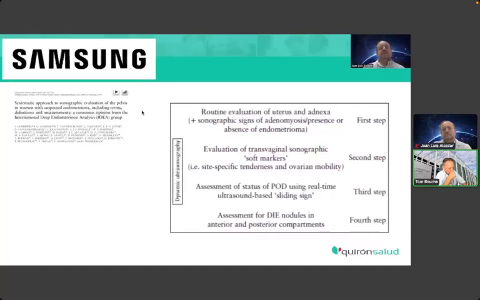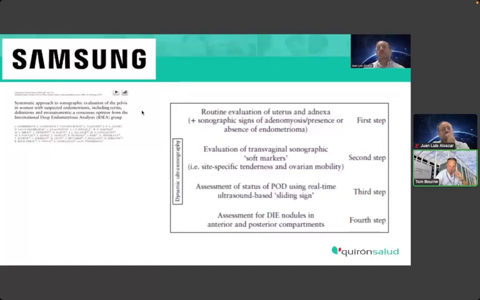Well, probably all of you already know the IDEA consensus, published in 2016. This is a consensus regarding how to perform the ultrasound scanning protocol in women with suspected pelvic endometriosis.